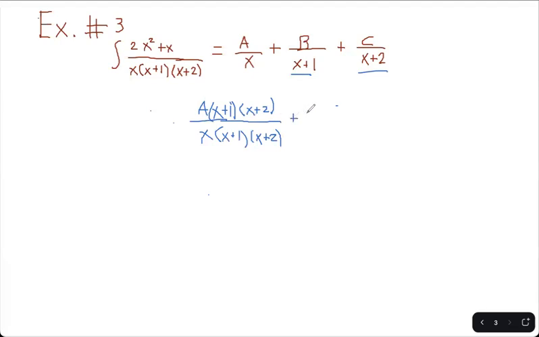Plus, same thing here, except this is going to be for B, it's going to be X and X plus 2, going to be over X plus 1 times X plus 2.